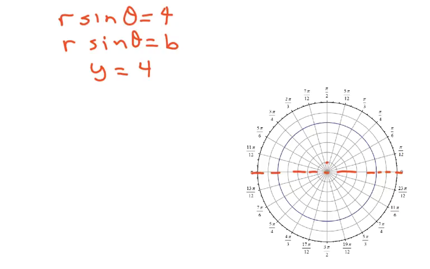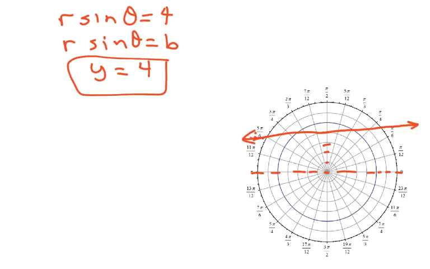So it's 1, 2, 3, 4, and I'm going to draw this straight line right through here. And there it is. All right, y equals 4.